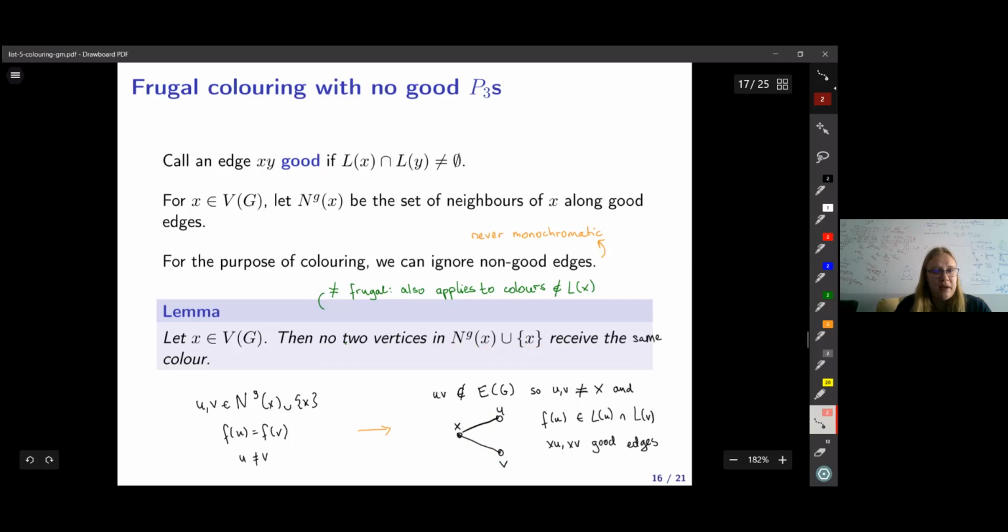But they receive the same color, so even in G, these two are non-adjacent, which means that this was a good edge, so the lists of X and U are not disjoint. And this is also a good edge, so the lists of X and V are not disjoint. And these receive the same color, so their lists had better not be disjoint. And this is a good P3.